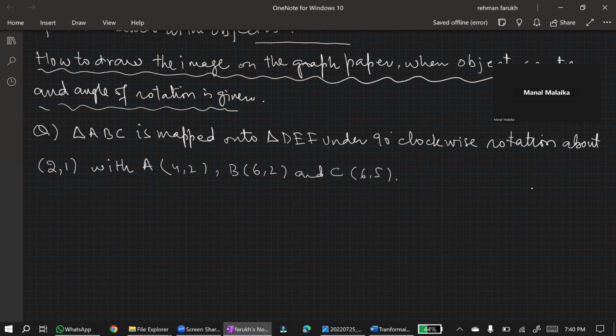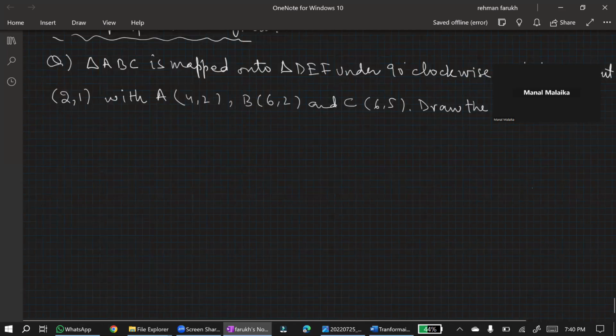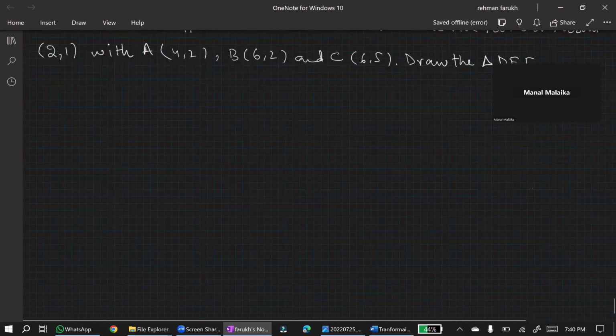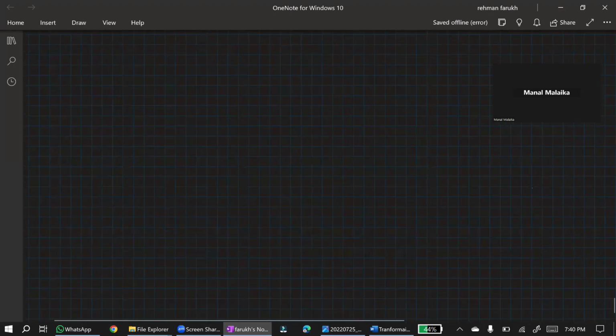Now the task is to draw the triangle DEF.